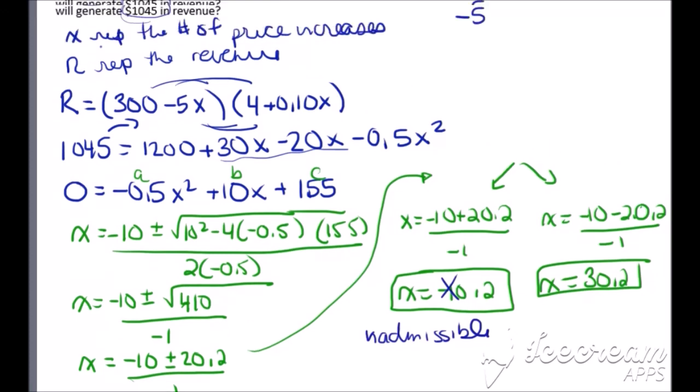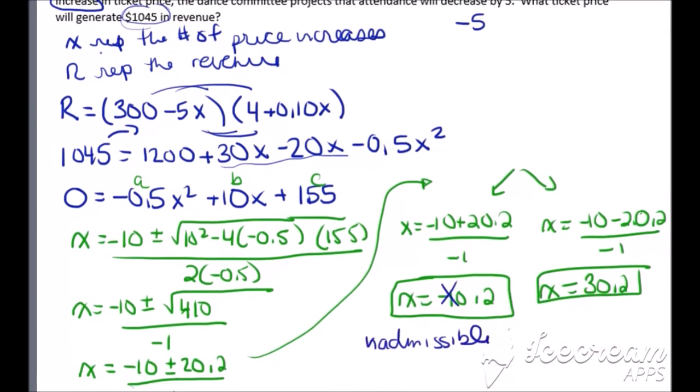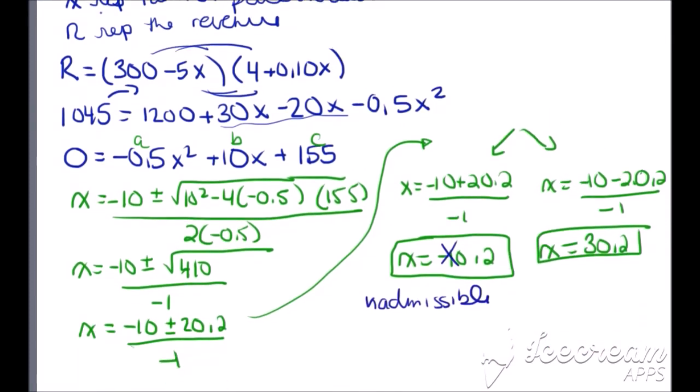If we go up to the original question, this is what ticket price will generate this. Okay, so this question is not asking for revenue and it's not asking for the number of people who will attend. It's only asking for this ticket price right here. So let's take that ticket price, 4 plus 0.10, and let's multiply this by 30.2. 4 plus 0.10.